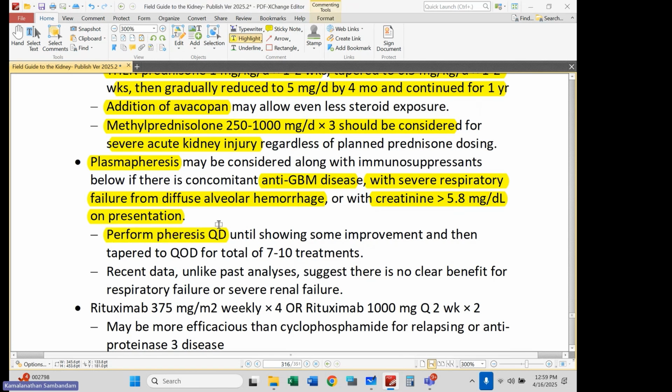If you do choose to do it, you'll basically defer to your transfusion medicine colleagues for the actual protocol, but this is a typical one that they're going to use. Daily pheresis, maybe for 2 days or so, and then every other day for roughly 10 treatments, some 7 to 10 treatments. So it's kind of like a two-week commitment once you decide that you want to start pheresis.